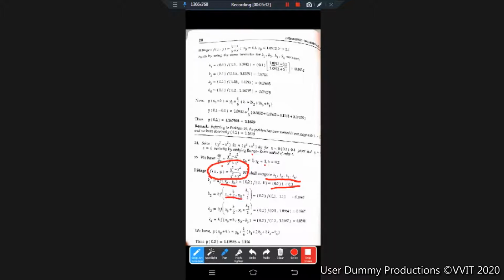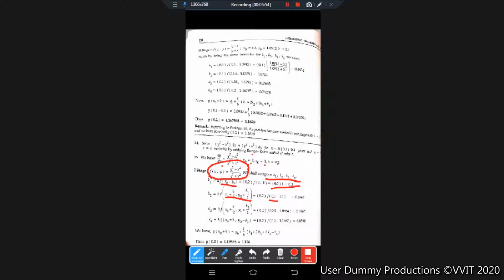Computing x naught plus h by 2 and y naught plus k1 by 2 is very important to proceed with k2. So x naught is 0 plus h by 2; h is 0.2, by 2 is 0.1. That's how you get this value.